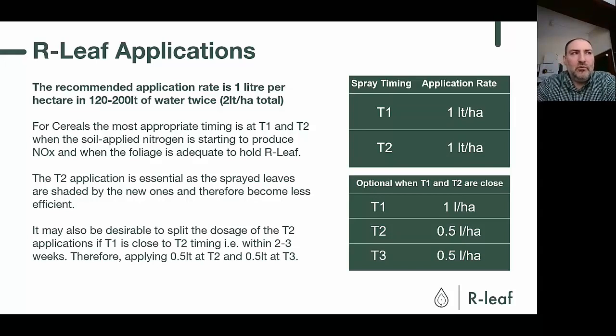From an experimental point of view, we did a lot of trials using T0, T1, T2, T3, T4, intermediate applications, double and triple the volume, and we looked at the results and the effect on the crop. T1 and T2 are the most appropriate applications.